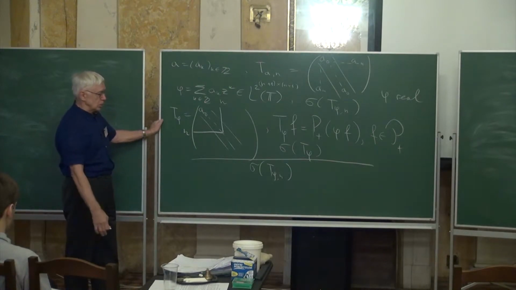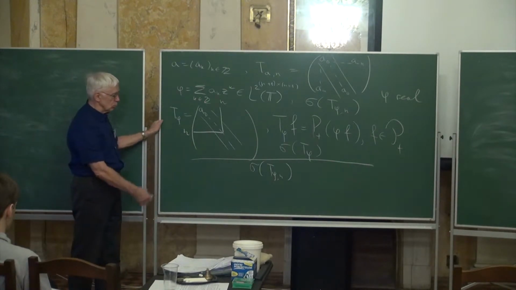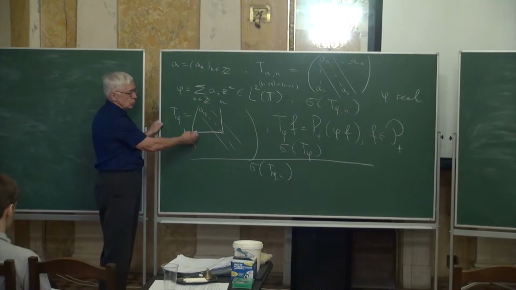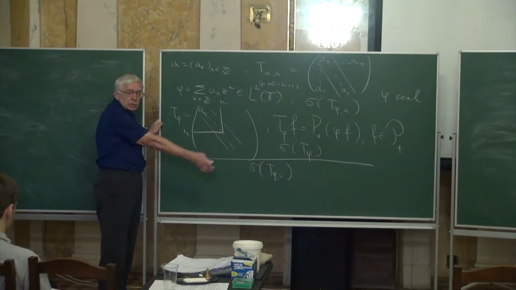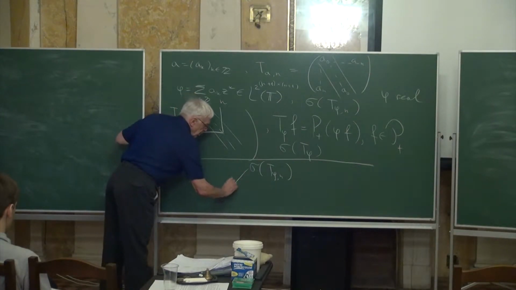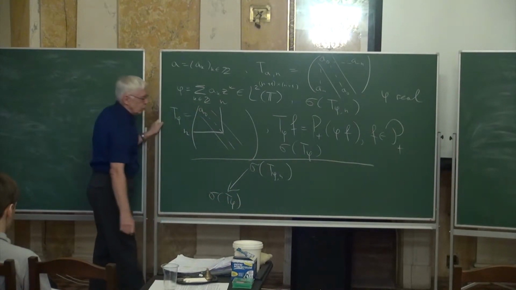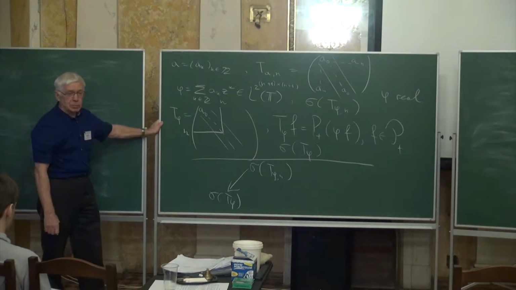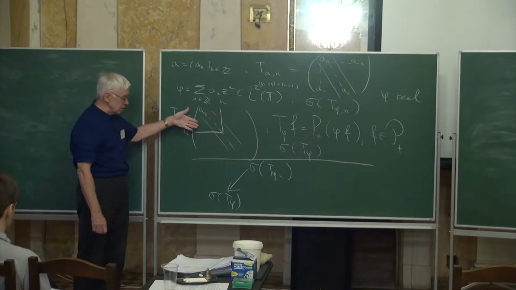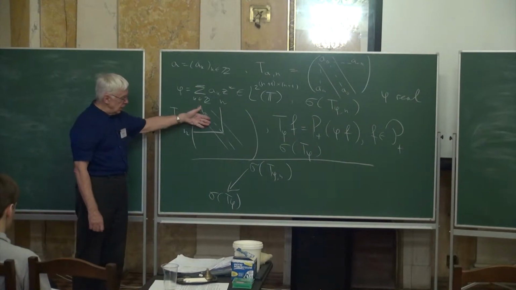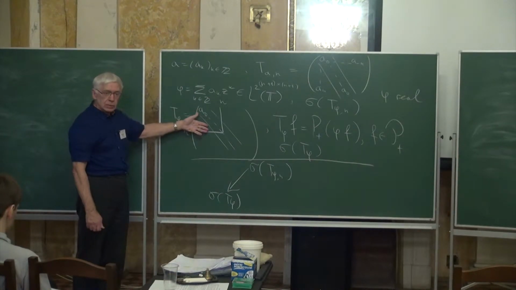So it's natural to have a conjecture that it converges to the spectrum of the whole matrix, which happens sometimes. But we can look at this in a different way.